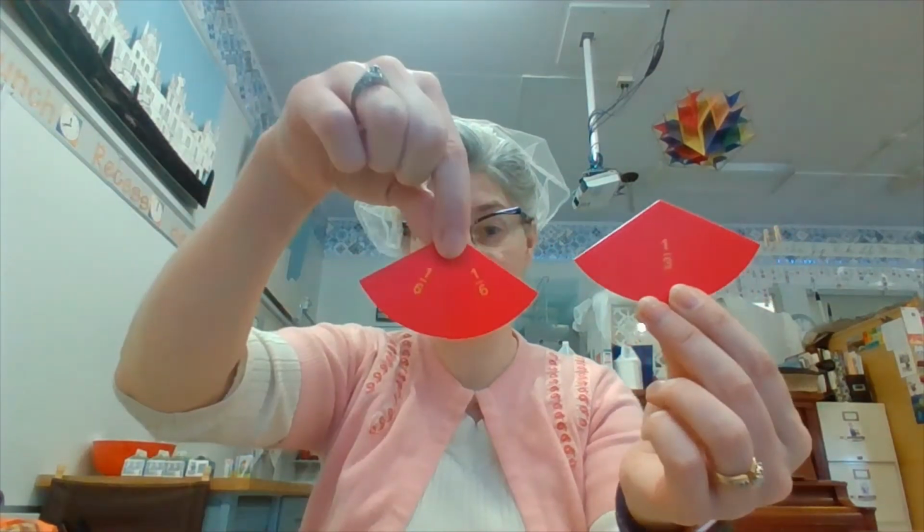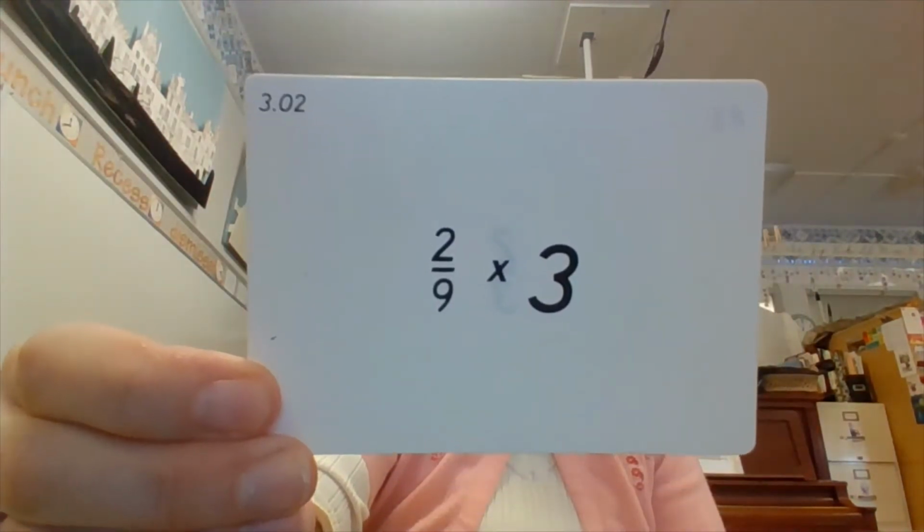So I could say 2/6, that is an accurate answer, or I could reduce my fraction to its simplest terms, 1/3. So what is 1/6 times 2? 1/3. Awesome.